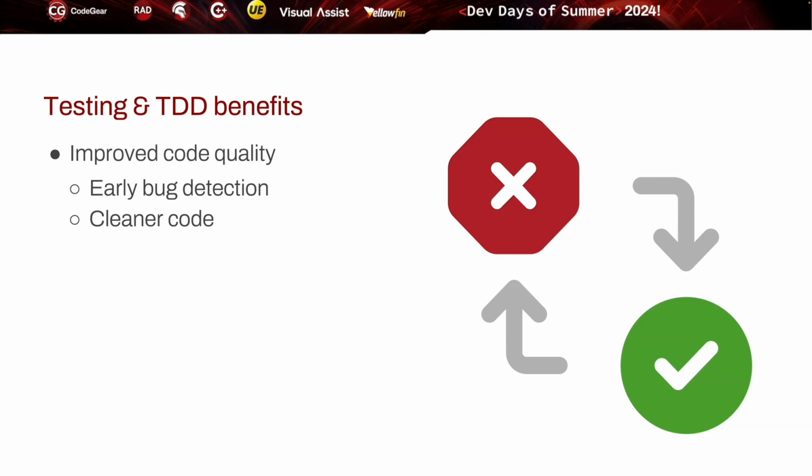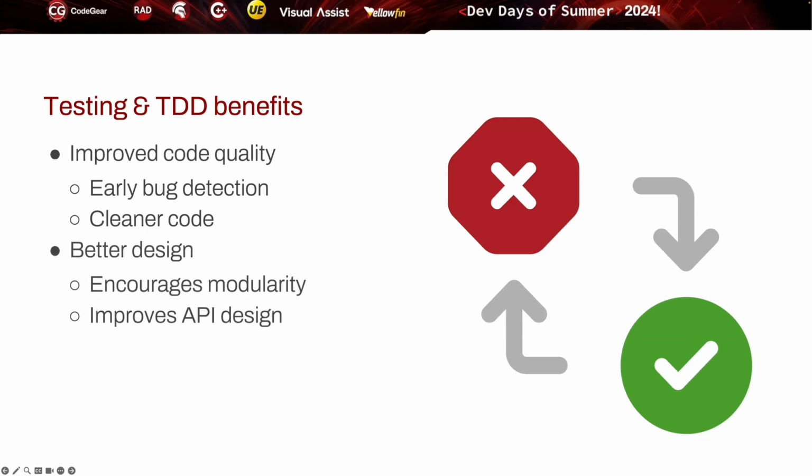Because we're writing tests for the scenarios we use our code in, we should be spotting bugs earlier before they ever make it to production. And you generally write cleaner code. Because you're writing more focused, leaner code, the code is generally cleaner. It leads to better design.